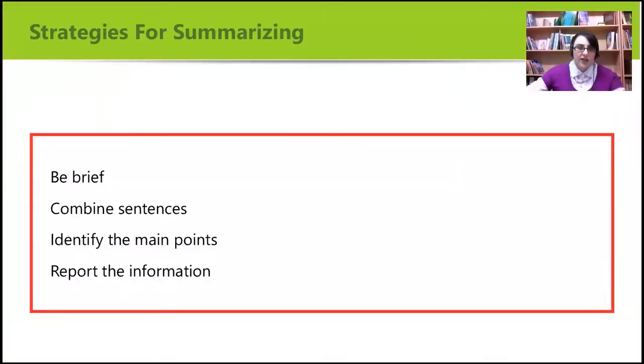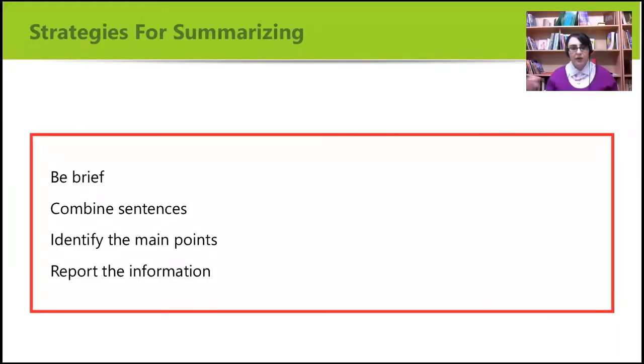So what strategies do we use for summarizing? Be brief, combine sentences, identify the main points, and report the information. Be brief. This is the most important thing about summarizing. Combine sentences, so join them. Use parallel structures. Use conjunctions to connect sentences.